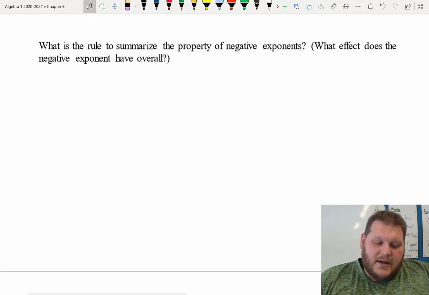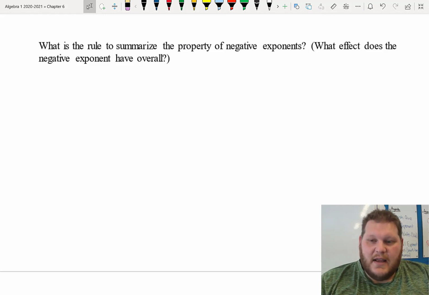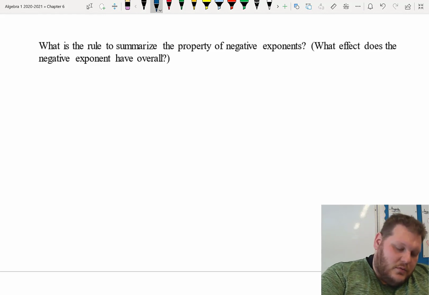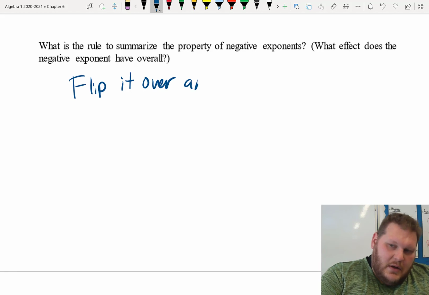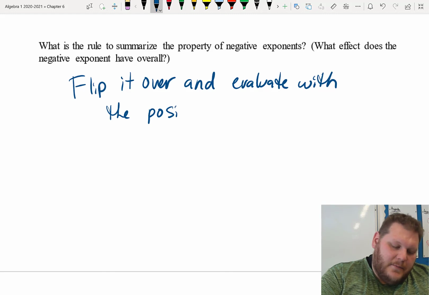Our rule to summarize our negative exponents. So for our negative exponents, again, we could say that we have to flip it over and evaluate with the positive exponent.